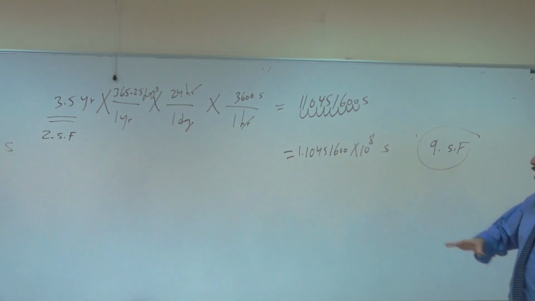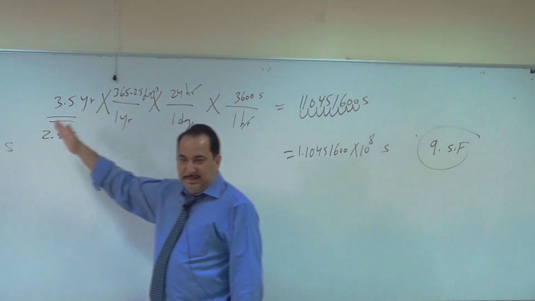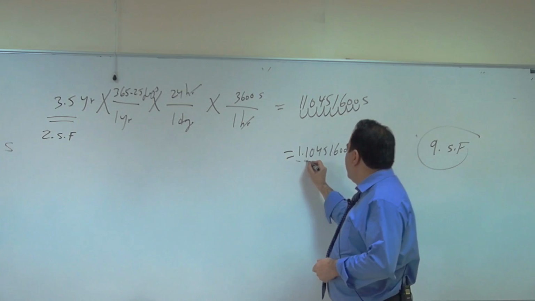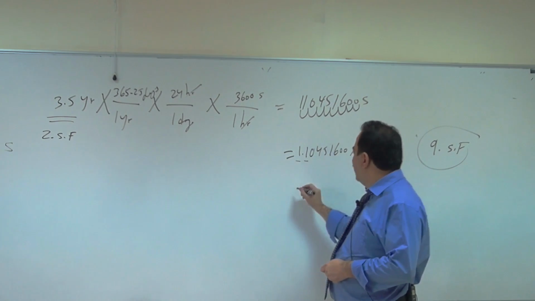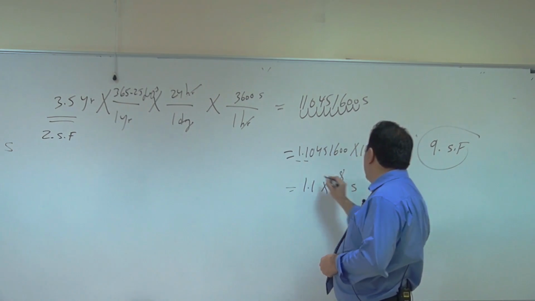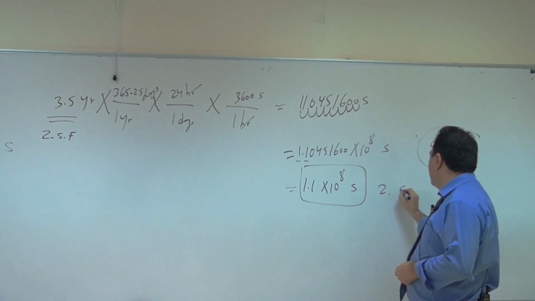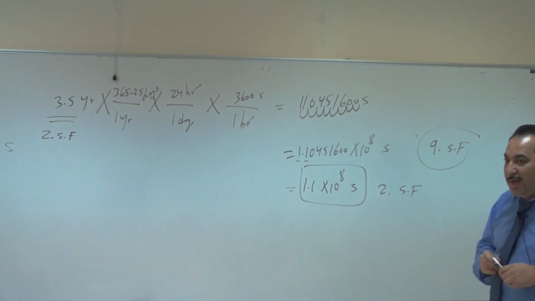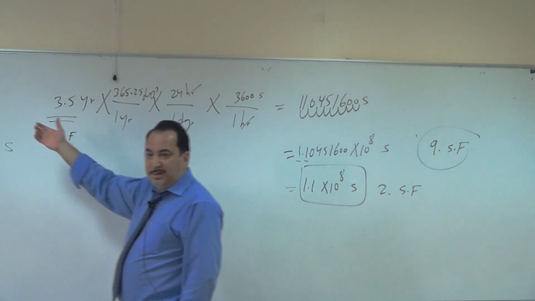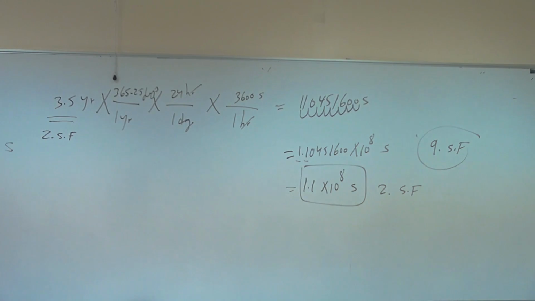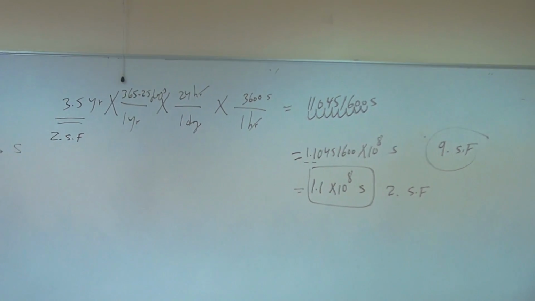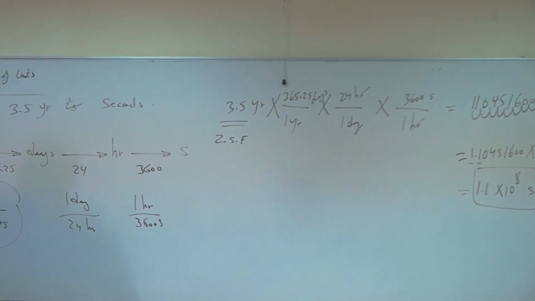You cannot have an answer more accurate than the question itself. So here you have to round, yes? 1, 2, less than 5, rounding down. 1.1 times 10 to the power 8. 2 significant figures. Okay? You got the last rule I told you? Yes. Your final answer should take the same significant figures of the question. Okay? So this is another example of conversions. Is that okay? Yeah?